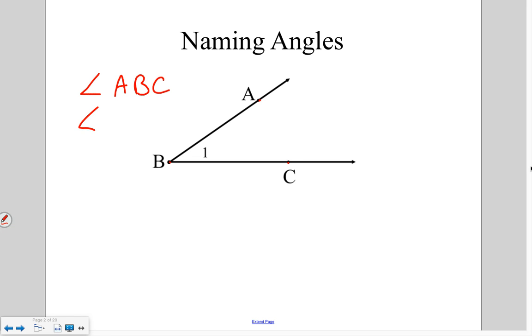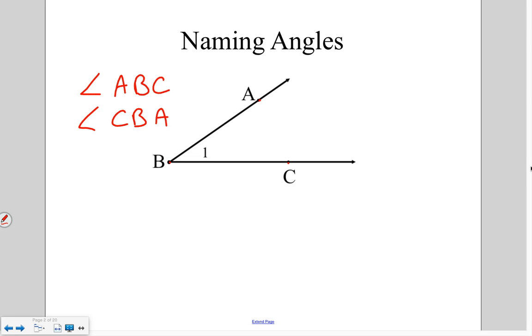The exact same angle can be named angle CBA. It does not matter if you go from top to bottom or bottom to top. As long as you use 3 points and the middle point is your vertex, you're good to go in naming your angle. This is probably the most common way that we name an angle because it's going to describe the angle each time. It's going to tell you which rays and which vertex we're using to name the angle.